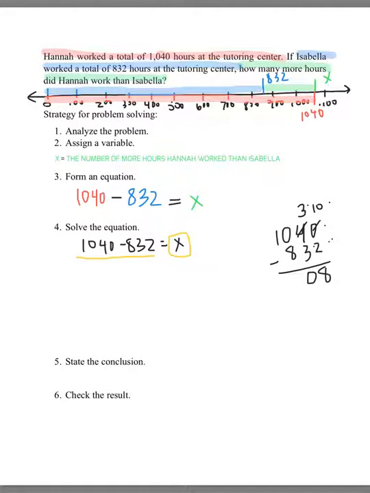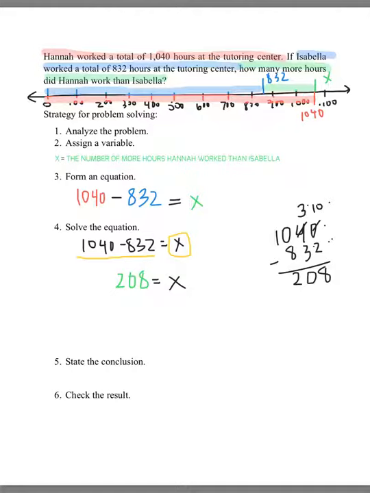And then we're going to be left with 10 minus 8, which is going to give us a 2. So 1040 minus 832 is equal to 208. And then we'll just bring on down the equal sign, and we'll bring on down our already isolated variable x. So we know x is equal to 208.